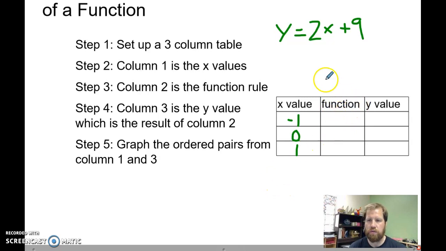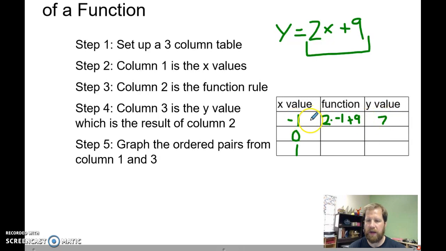Okay, and then your function rule is everything over here. All right, so your function rule is going to be 2 times, what's my x value? Well, it's -1, so 2 times -1 plus 9. That's my function rule. And then my y value is whatever this evaluates to be. So 2 times -1 is -2, plus 9, or 9 minus 2, is going to be 7.